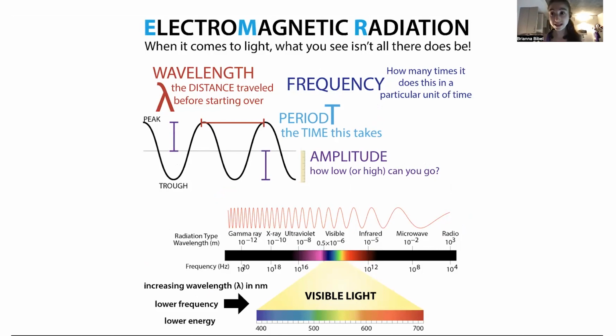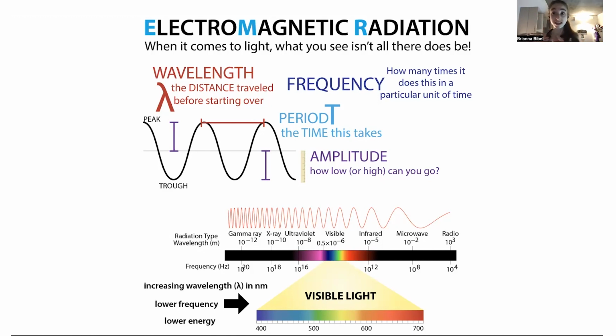Different wavelengths have different amounts of energy. I find it easier to think in terms of the energy. The more energy you have, the faster you're going to go up and down, so the more wavelengths you're squishing into a single distance.